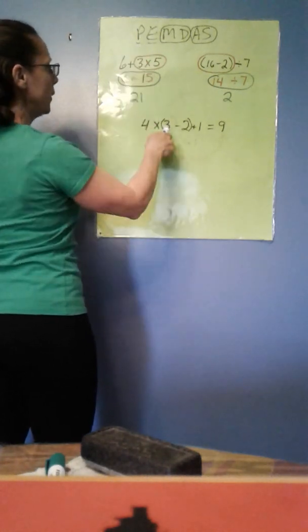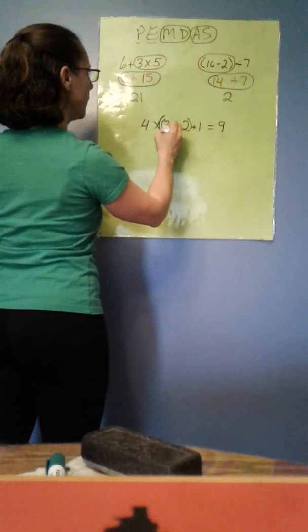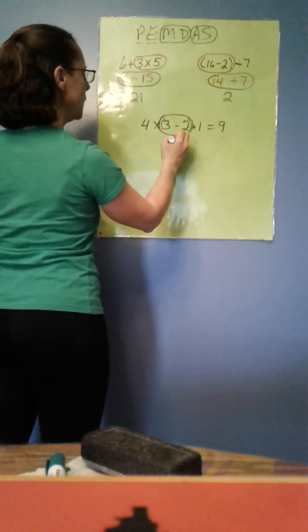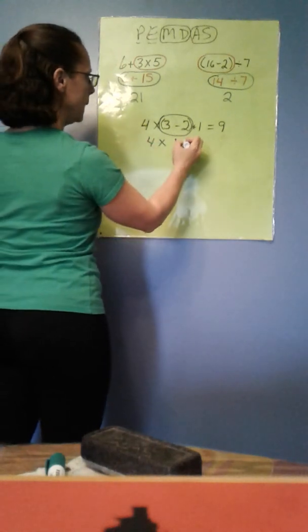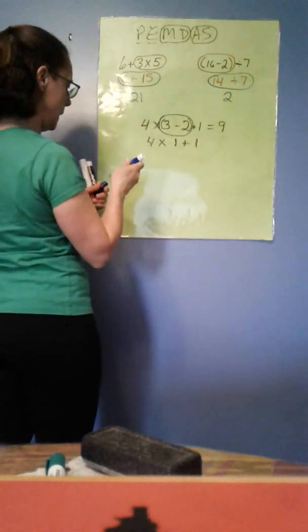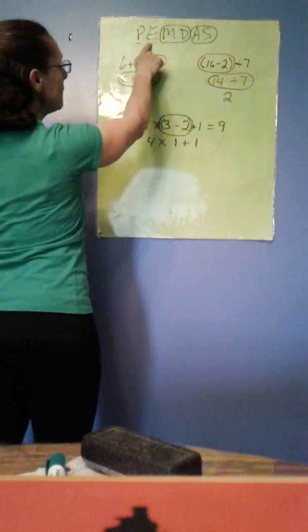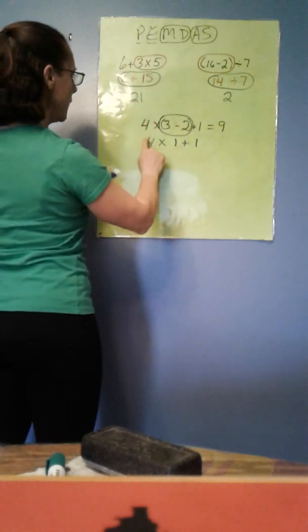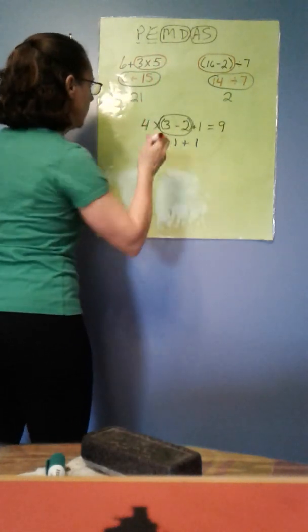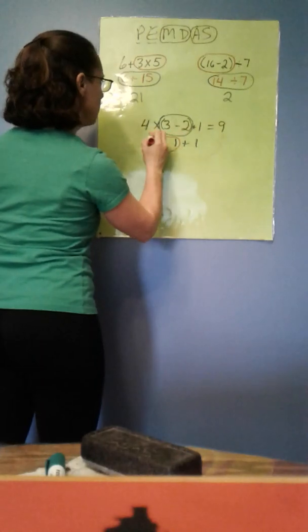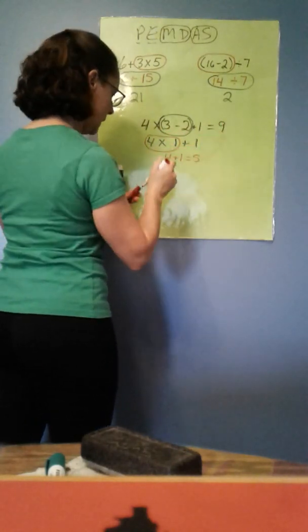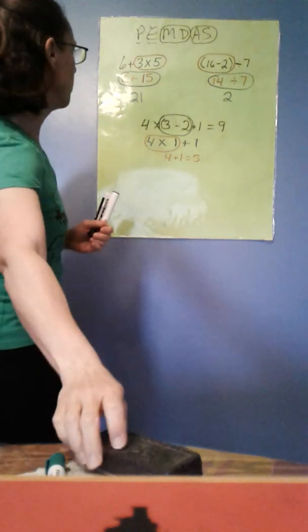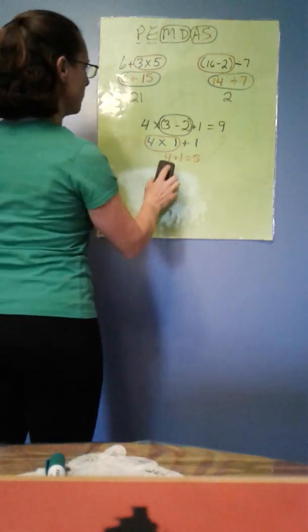So parentheses first, so we do the part in brackets. 3 subtract 2 equals 1 first. The 4 and the multiplication sign are at the beginning, the plus and the 1 are at the end. So no more brackets, no exponents, multiply, divide. Our next step would have to be 4 times 1, which is 4, plus 1 equals 5. Again, it doesn't equal 9. So that's not where our brackets will go.